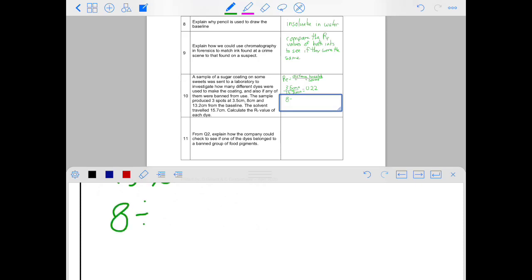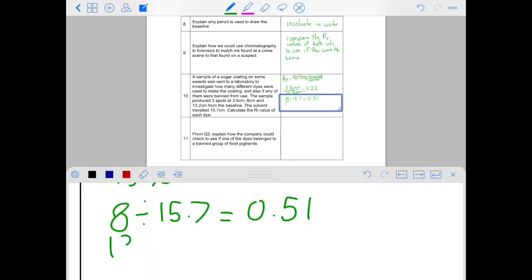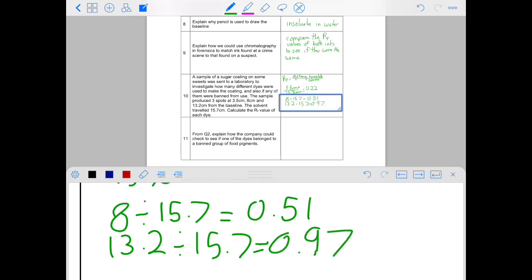And then we go 8 divided by 15.7 gives us 0.51. And last but not least, 13.2 divided by 15.7, 0.97.